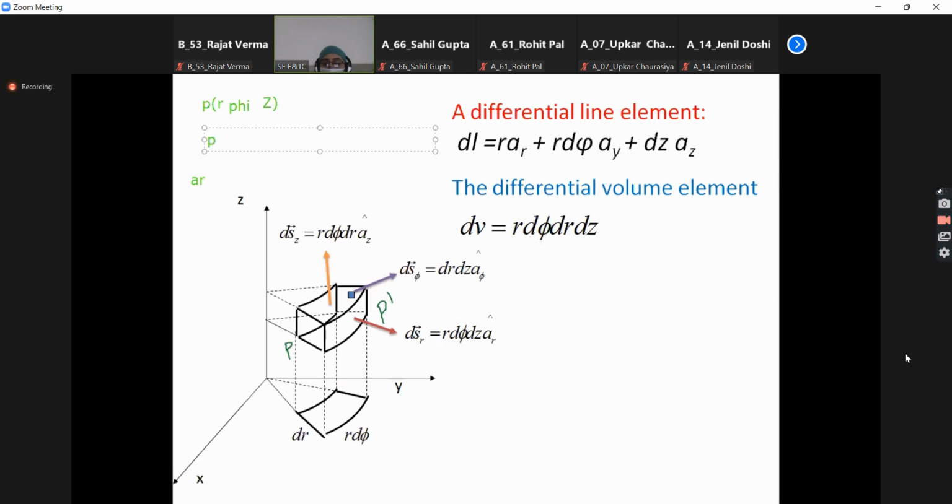P dash will be equal to r plus dr. phi change हो गया, phi plus d phi. So जो phi 60 डिग्री था, अभी वो 80 डिग्री हो गया. ओके, और z क्या होगा? z plus dz. ओके, so this is the 2 points.